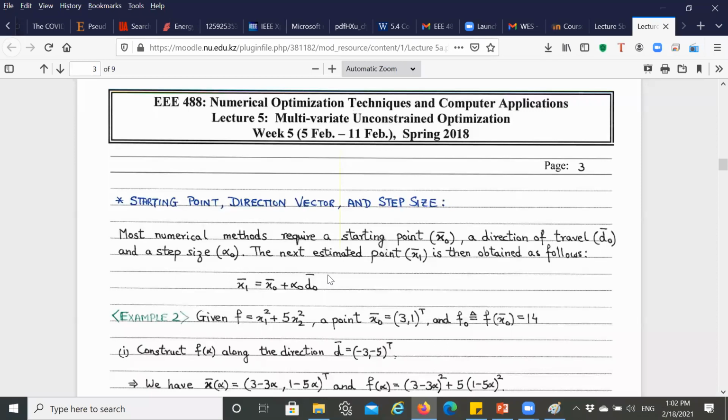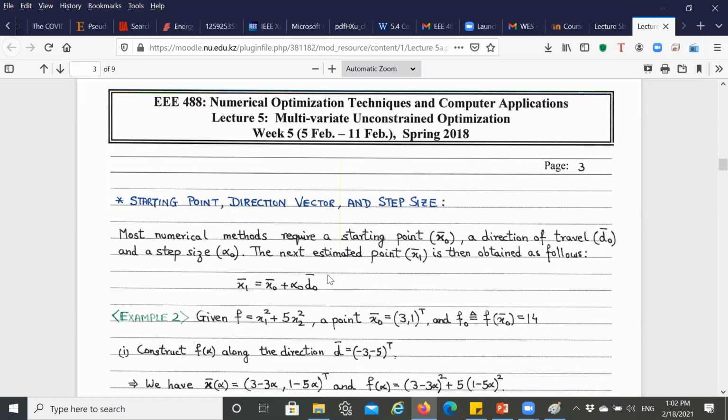What it says is that in a multivariate case, we want to find the minimum or maximum point. So we have a starting point and a direction, because we are working with vectors, and vectors can have directions. Starting from one point, we choose a direction, move in that direction, and then evaluate the function at that point and see whether it is lesser than the starting point or not.